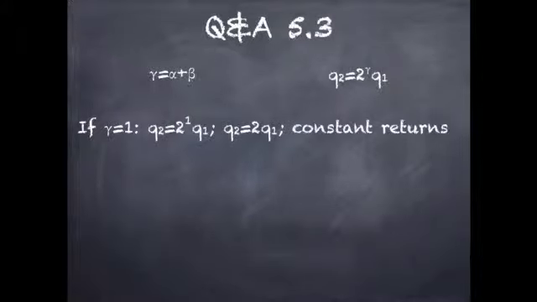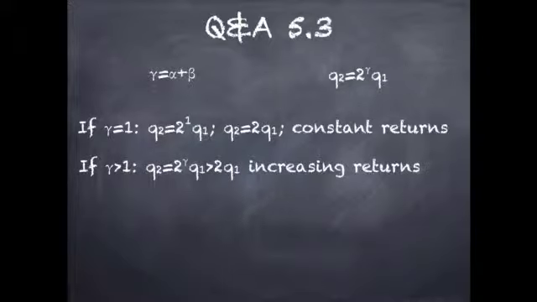Under that scenario, if gamma is equal to 1, then we have Q2 equals 2 to the first power multiplied by Q1. That is, Q2 equals 2 times Q1. That means by doubling our inputs, our output will exactly double. Therefore, we have constant returns to scale. A doubling of inputs leads to a doubling of outputs.